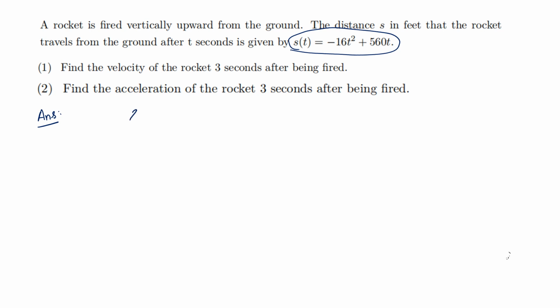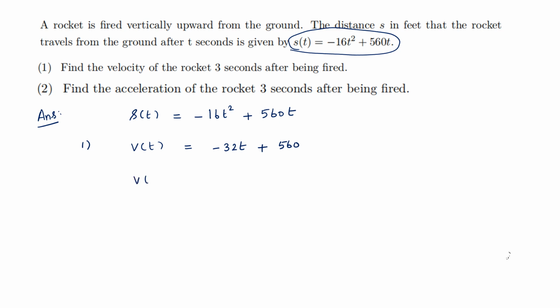Very simple concept. What is the position function s of t? It is given to you: minus 16t square plus 560t. For the first question, we find the velocity function v of t equal to the first derivative of s of t. Minus 16t square derivative is minus 32t, and 560t derivative is 560.